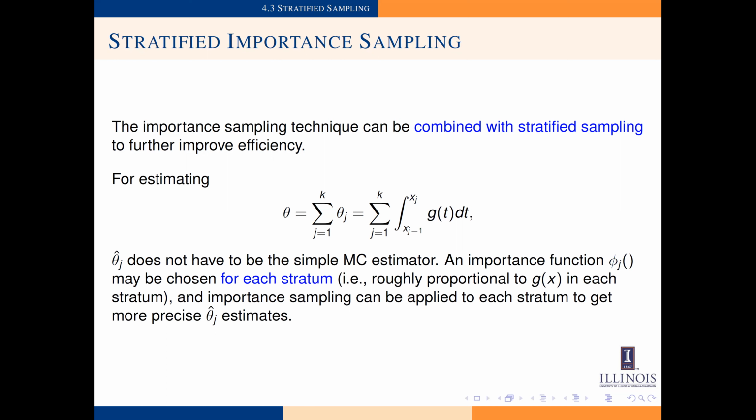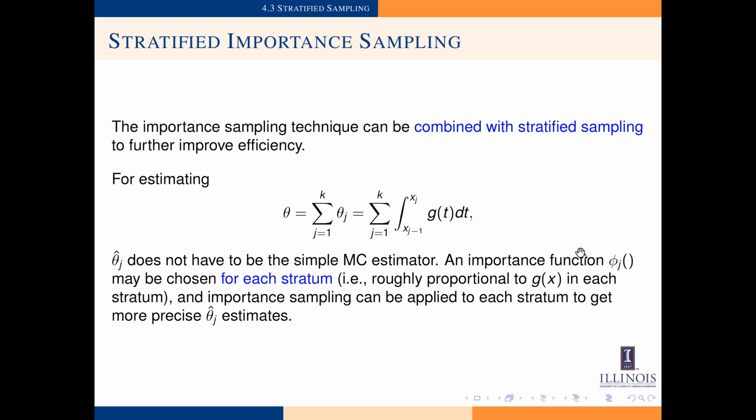Earlier we used the simple Monte Carlo estimator and we drew random samples from the uniform distribution between the two bounds for that stratum. Well, it doesn't have to be this way. If you want to further improve the efficiency, you can choose an importance function, phi of j, for each stratum.